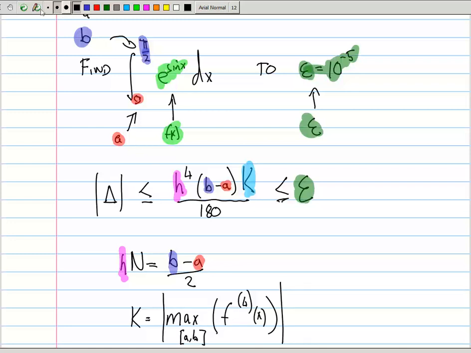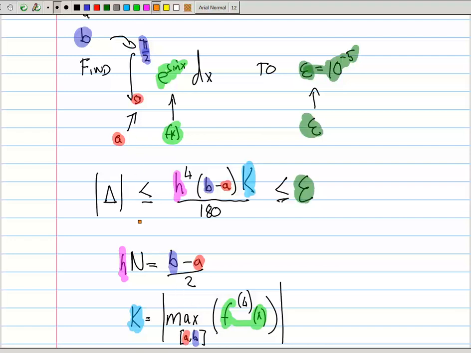So with that in mind, we can start highlighting and color coding this. We have our k over here, we have our max from a to b, and this is not strictly our green. I've got a better way to represent this. We still need to apply our 4th prime.